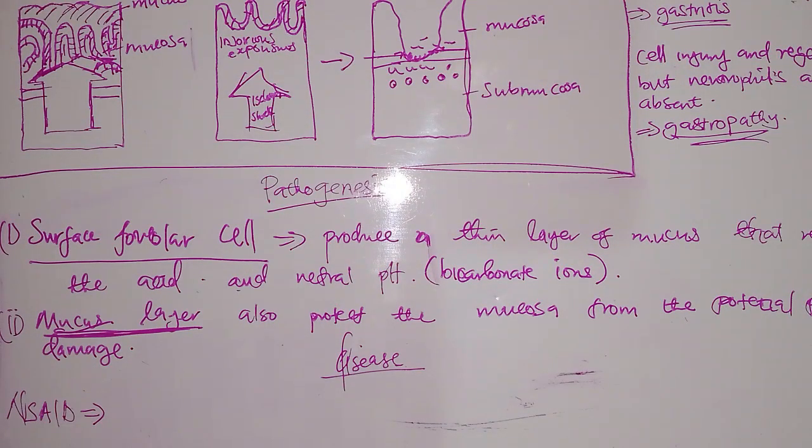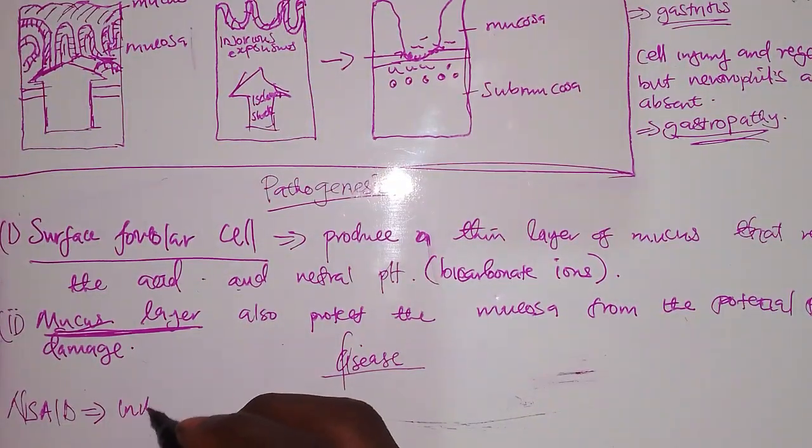These drugs cause gastritis because they inhibit an enzyme known as cyclooxygenase.